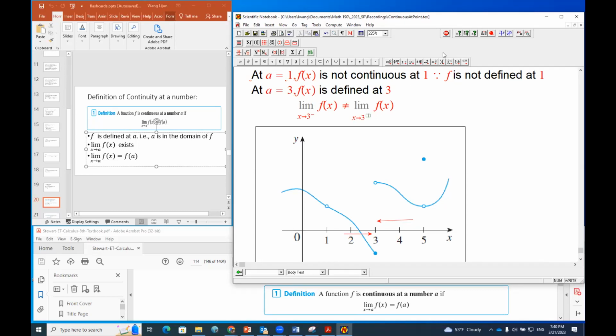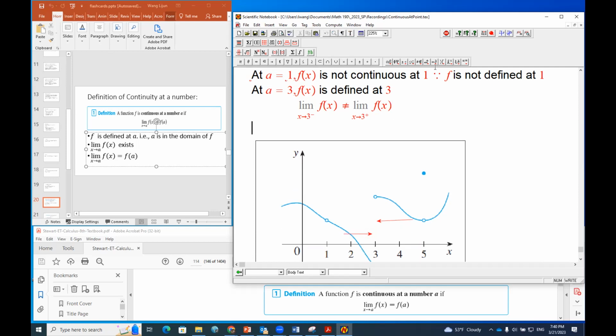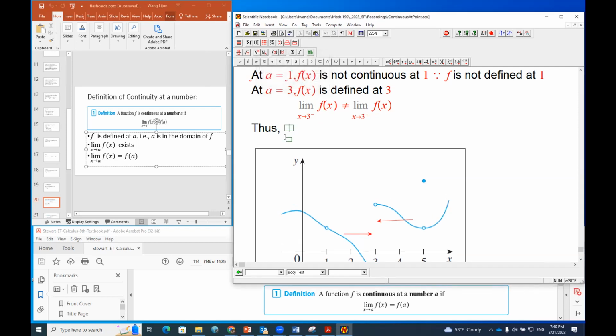We'll change it to positive sign. They are not the same. So these two limits are not the same, and thus the limit of the function at 3 does not exist. Limit of the function when x is approaching 3, f of x, does not exist.